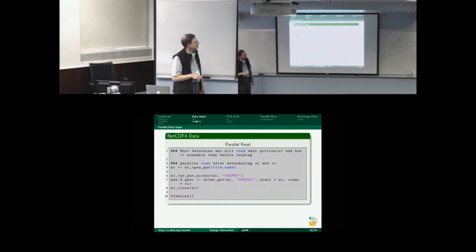What the user has to do is provide a starting point and how far to read within this specific array. So that's what I mean by hands-on, that you have to know how far out each one is going to read. In the PBD demo, there is an example on how to write a file and how to read a file as well.